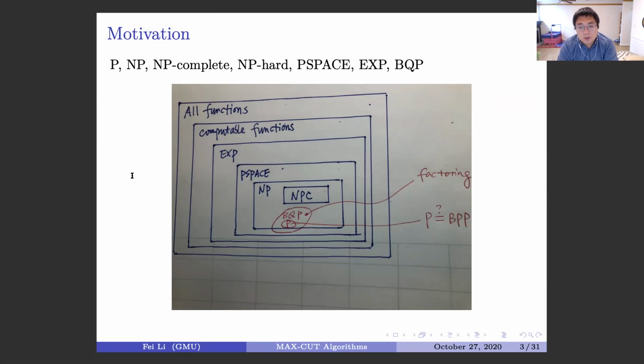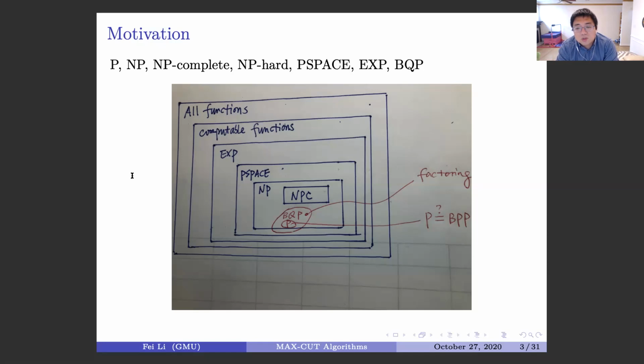And factoring is a very special one, which is in between the class P and the class of NPC. So this is the picture, with several open questions that we haven't answered yet. If you want to prove that BQP, which is bounded error quantum polynomial time, equals NP, that is the same difficulty as proving that P equals NP.